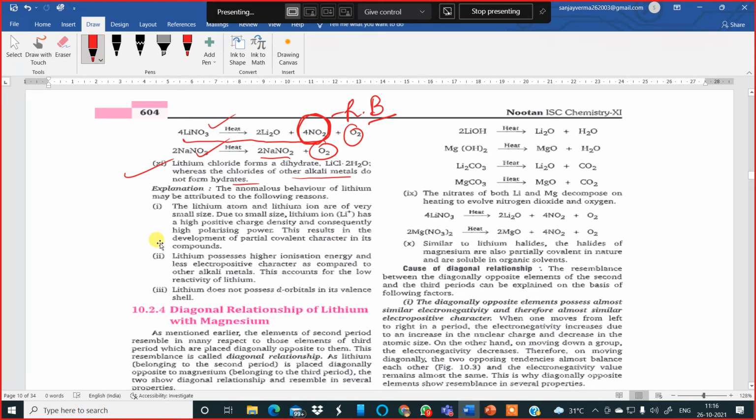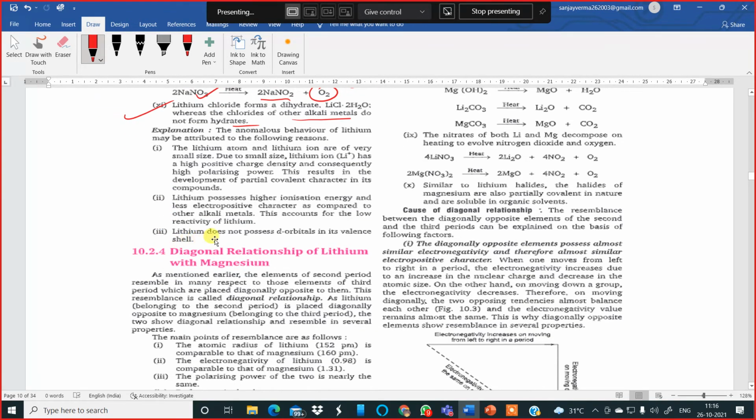That is the first reason. The second one, lithium possesses high ionization energy and less electropositive character as compared to other alkali metals. This accounts for the low reactivity of lithium. Lithium does not possess d orbitals in its valence shell. So these are the 3 reasons why lithium shows the diagonal relationship.